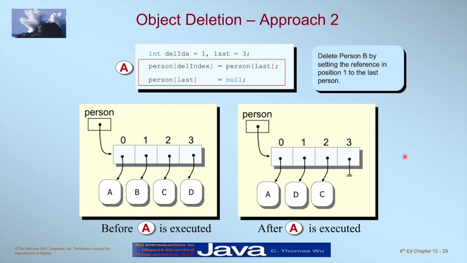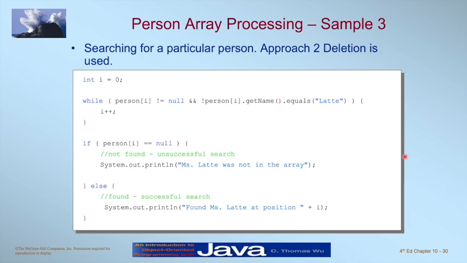All right, now let's move on to sample number 3: how we can search for a particular person. Approach 2 is used. We are trying to find a person named Latte in this array. So we use this while statement.